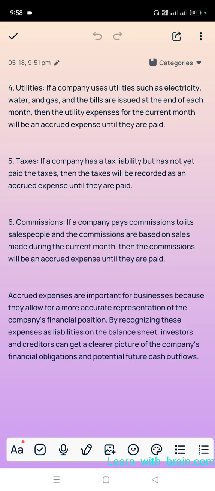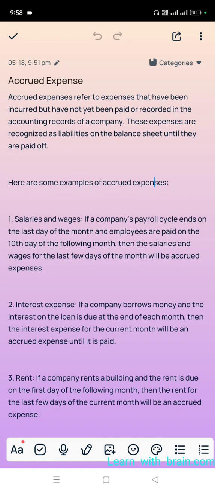From a company perspective, every month we have to record all the expenses and incomes, liabilities and assets. We have to prepare quarterly financial statements also. So that's why we have to record every month-end accounting transaction. So these are accrued expenses. Okay, I hope you understand.